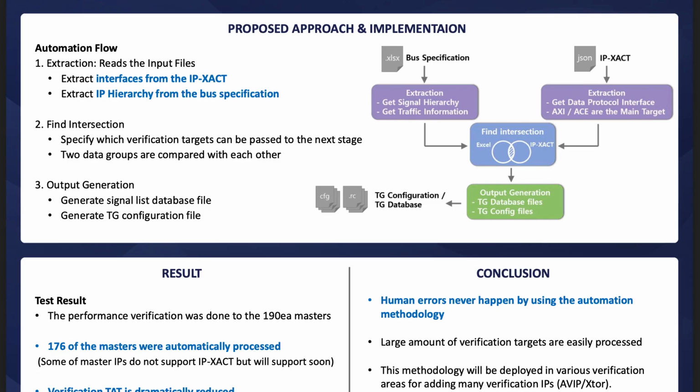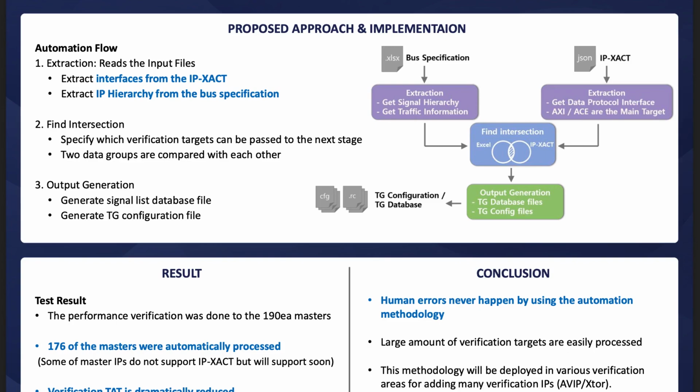The methodology is divided into three steps: extraction, find intersection, and output generation. At the extraction stage, two input files are read and extracted. From the bus specification document, the location of the verification targets and traffic configurations are extracted, and from the IP-XACT, data interfaces are extracted.